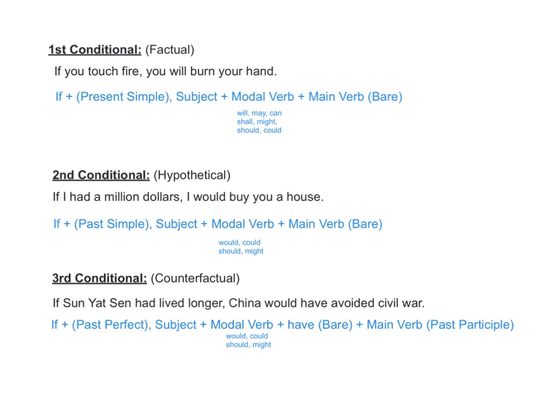So each conditional, from the first to the second to the third, takes us, I think, farther away from reality. And English indicates that through the grammar structure. So by examining the grammar of a conditional statement, you can tell how realistically the author views the chances of a particular condition and result.